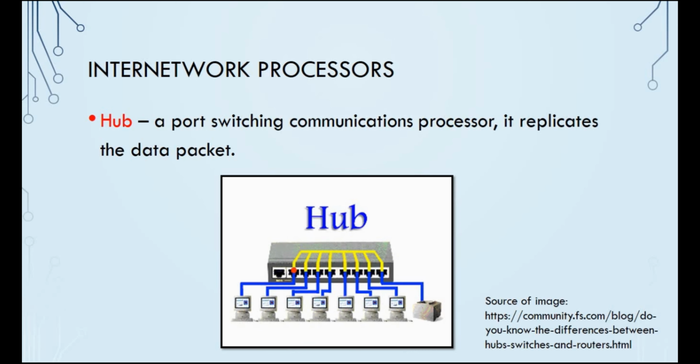It means the hub does not filter the data. This is the disadvantage of the hub. It creates traffic and also a waste of bandwidth because it replicates data from here to all devices that are connected to it.